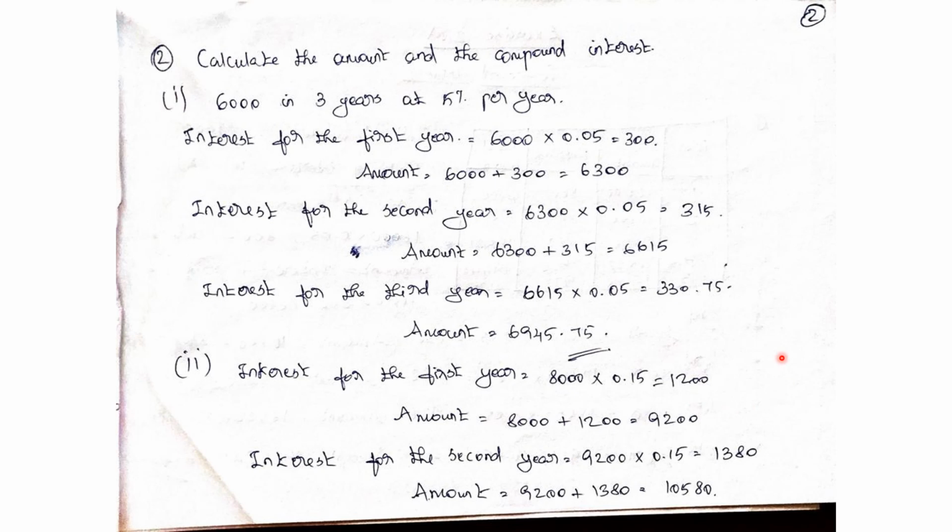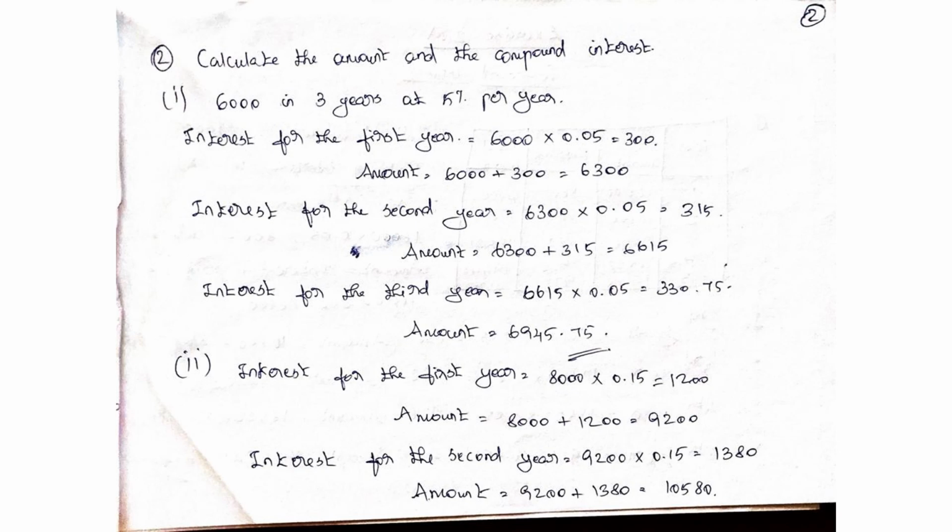This 1,200 will get added to this 8,000. So we'll get 9,200. That is for the first year. For the second year, 9,200 into 0.15, 1,380 is the compound interest. So the amount will be 9,200 plus 1,380 is equal to 10,580.